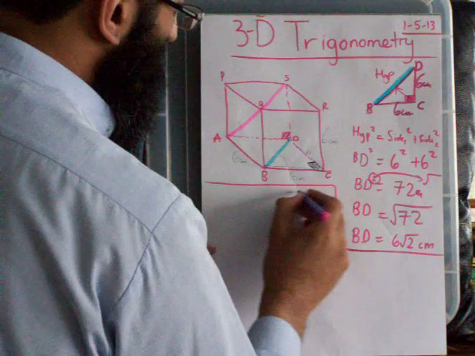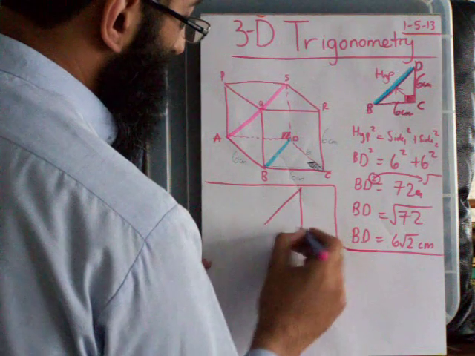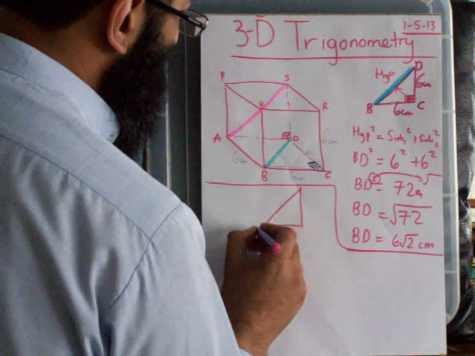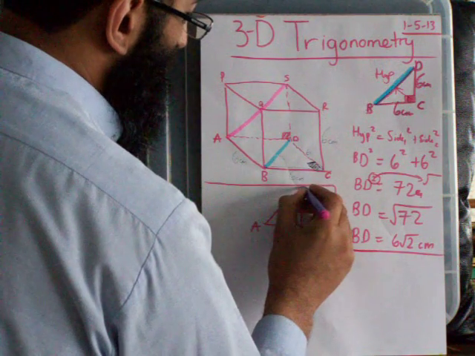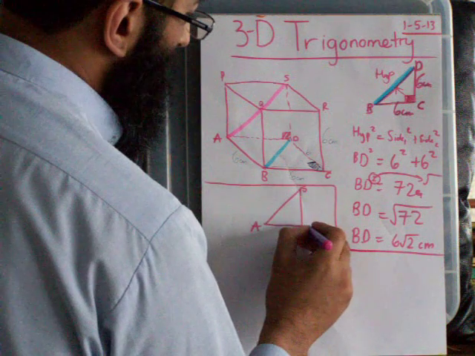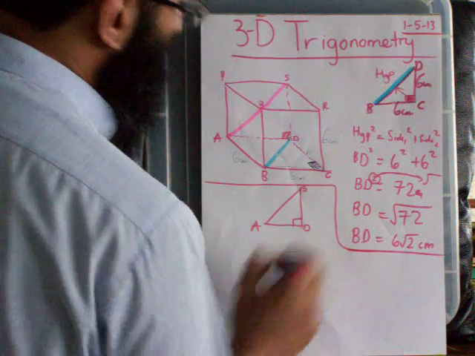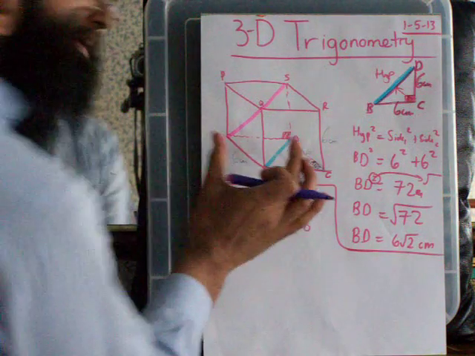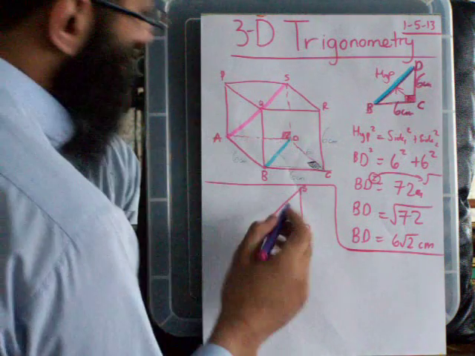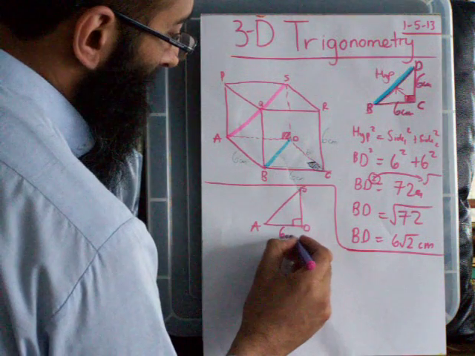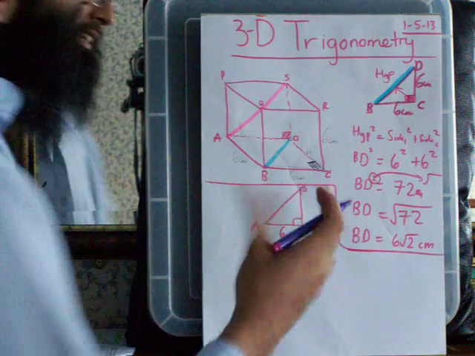So we have A over here, S over here, and D, a right angle. Now, the back part of the cube, the base, will also be 6 centimeters, because every length is 6 centimeters.